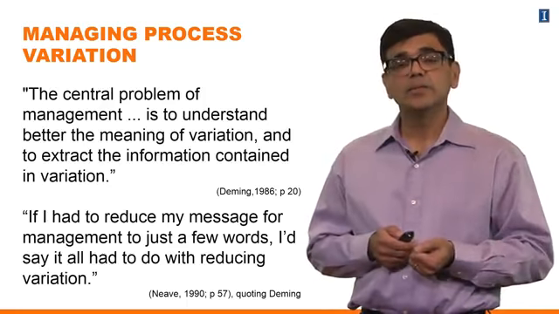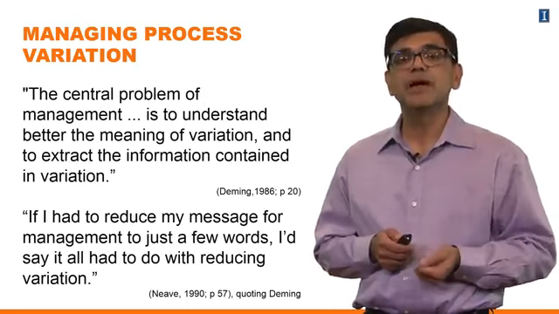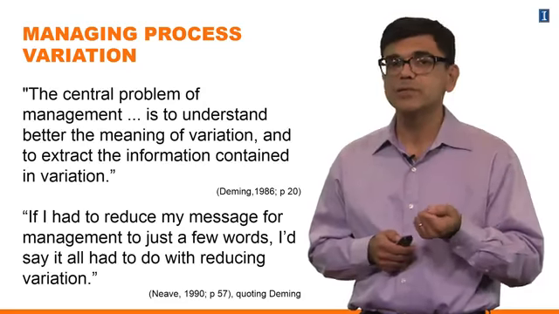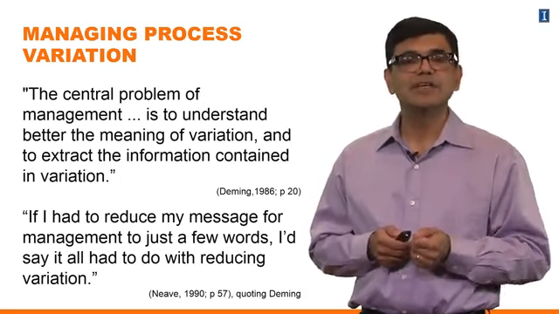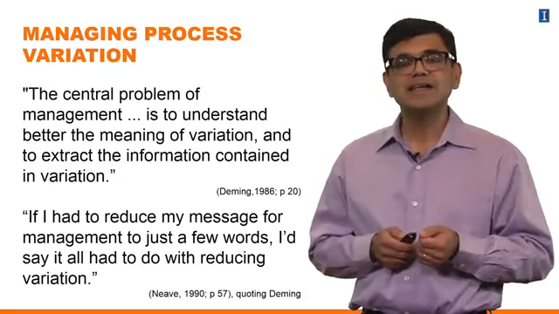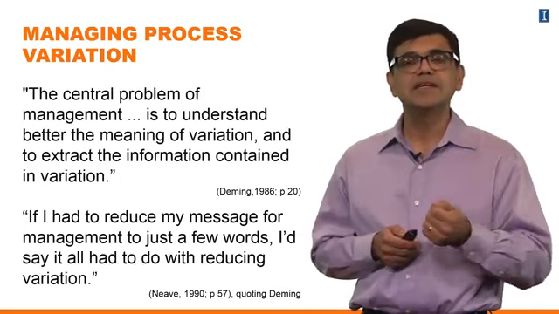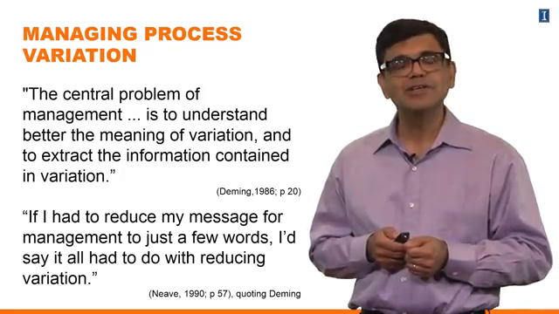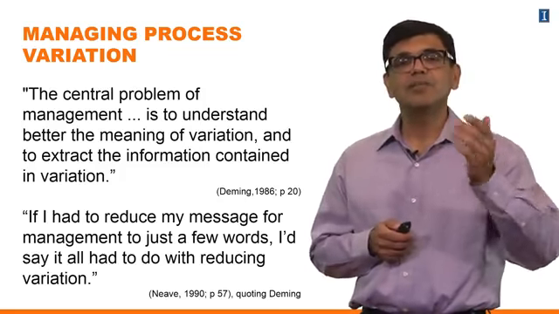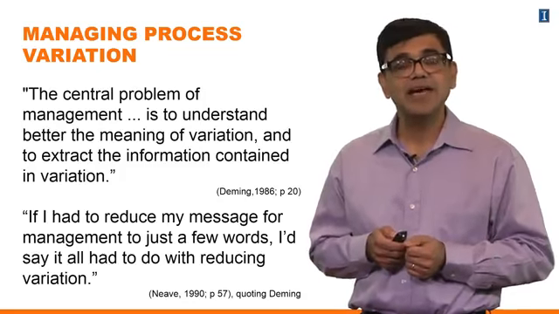And he also said that if I wanted to reduce my message for management to just a few words, I'd say it all had to do with reducing variation. So what you can see here is that Six Sigma, the idea of reducing variation as a process improvement initiative, is not that far from the idea that Deming had a long time ago.